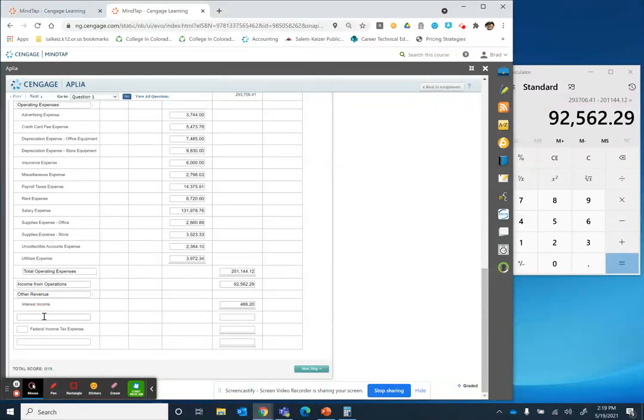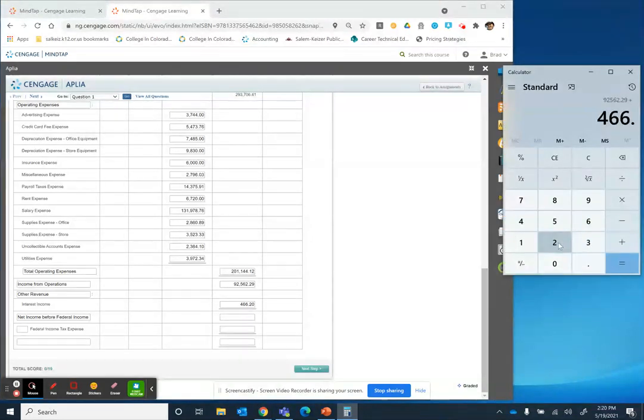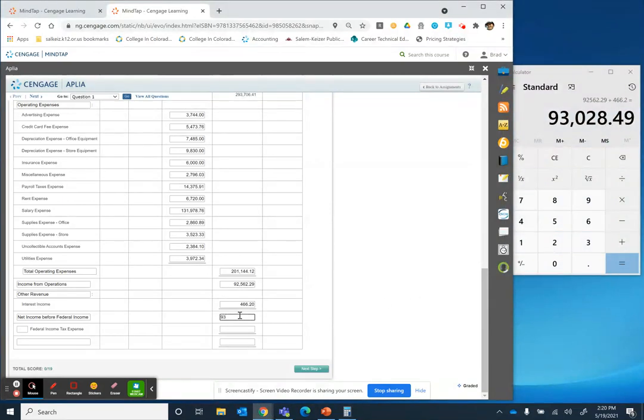Then we're going to come up with our net income before federal income tax. We'll do that by adding in our income from operations and our interest income. So we'll add those two together, and that gives us $93,028.49.